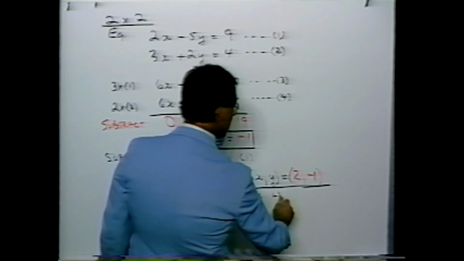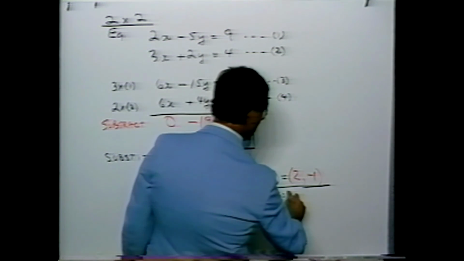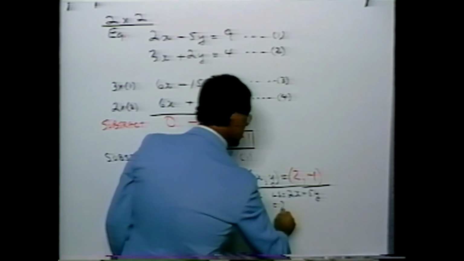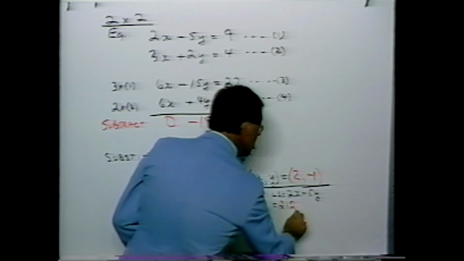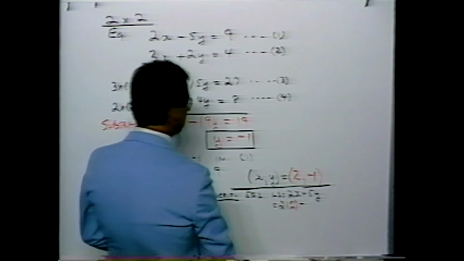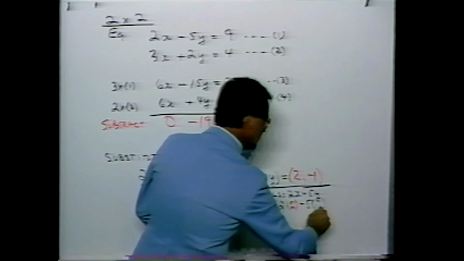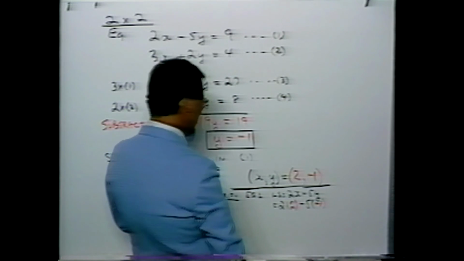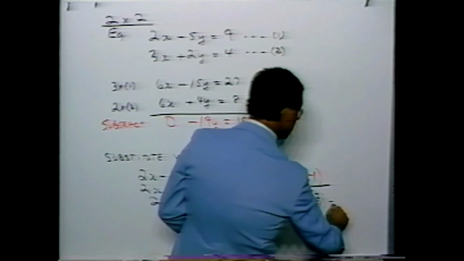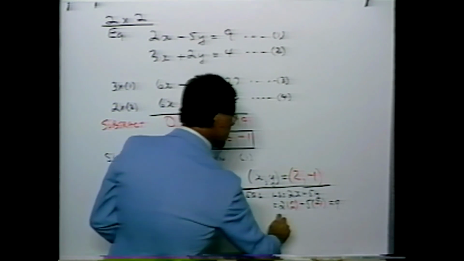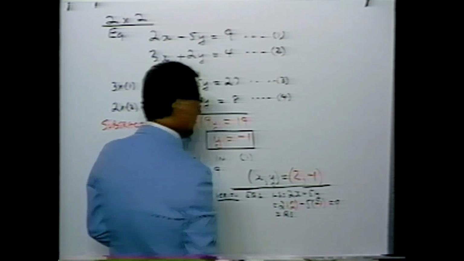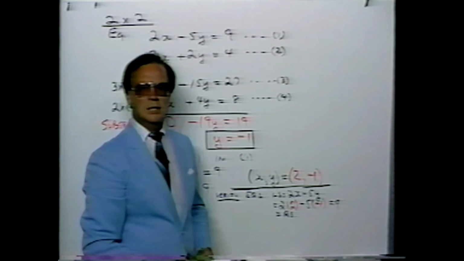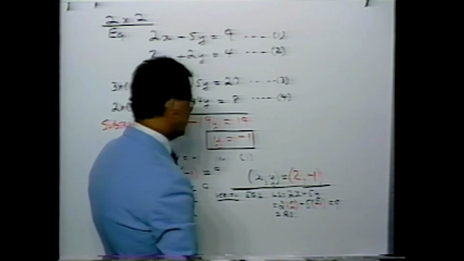Left side is equal to 2x minus 5y, which is equal to 2 brackets 2 for x minus 5 brackets minus 1. This is 4 plus 5, that equals 9, and that is equal to the right-hand side. And I have shown that 2 and minus 1 substituted into the equation makes that statement true.